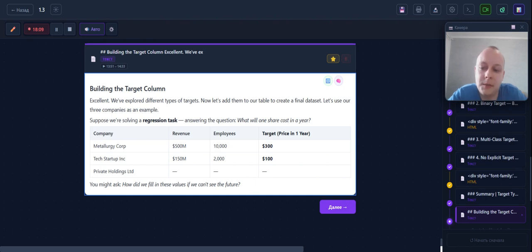Building the target column, excellent. We explored different types of targets, and now we can add them to create our final data set. And let's use our three companies as an example. Suppose we are solving a regression task and answer the question, what will one share cost in a year?